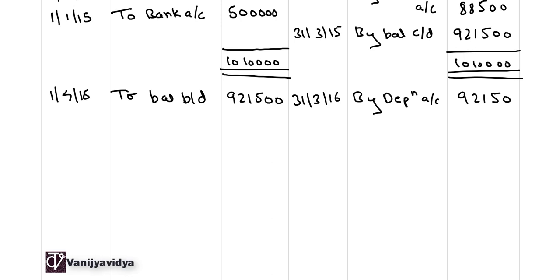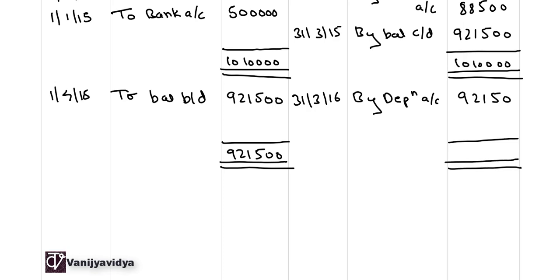So now let's close the books of accounts. 9,21,500 is the total. On 31st March 2016, by balance carried down 9,21,500 minus 92,150, that comes to 8,29,350.